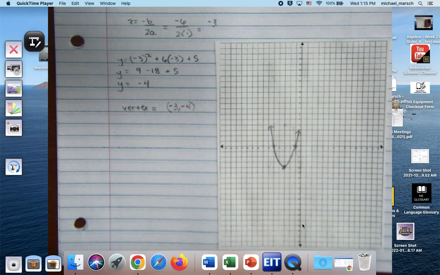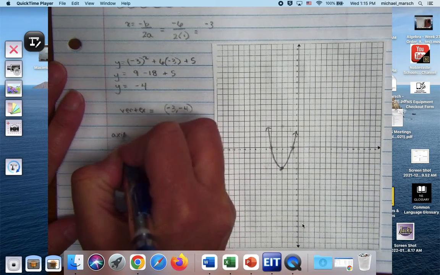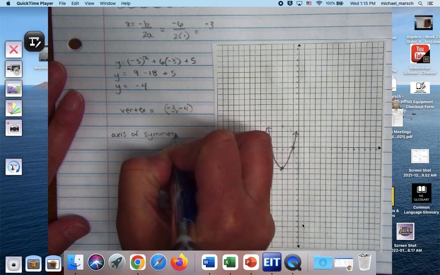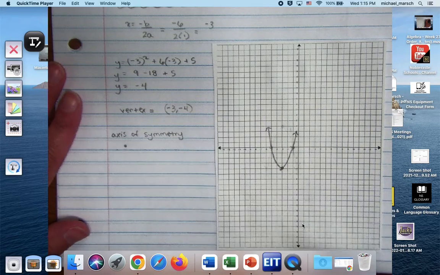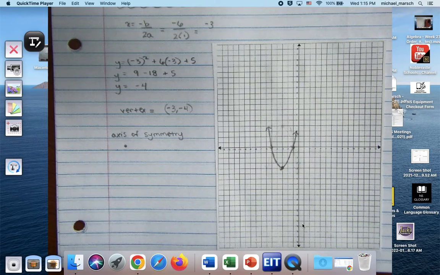So you're going to be required to understand what the axis of symmetry is. Based on everything you know about symmetry, who wants to tell me what you think the axis of symmetry would be for this parabola? What do you think, Hayden?